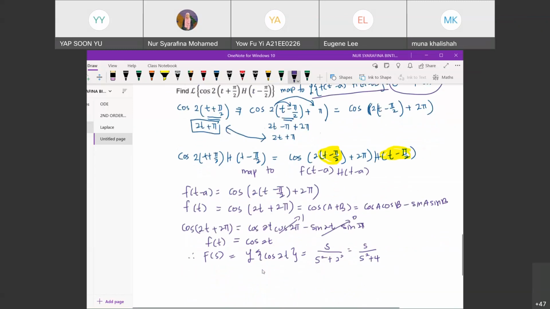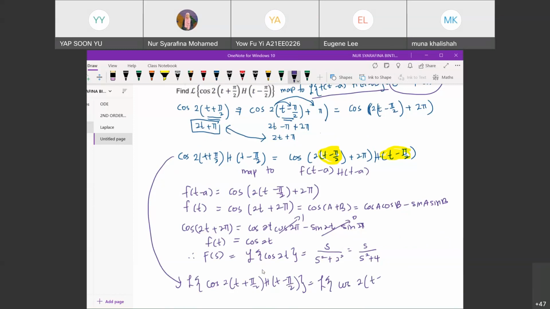Then transforming this will become exponent negative as, where a is pi over 2, times F s. So this is how you transform.